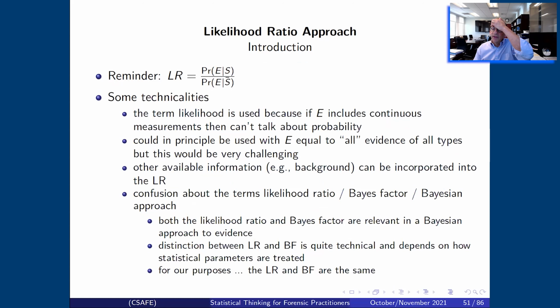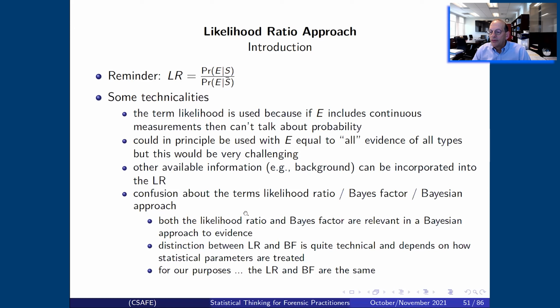The term likelihood is used because it's not always a probability. When you talk about continuous measurements, it doesn't make sense to talk about the probability of observing an aluminum concentration of 0.73426, right? Because you might have seen 0.73427. There are too many possible values to talk about probability, so we use the term likelihood.